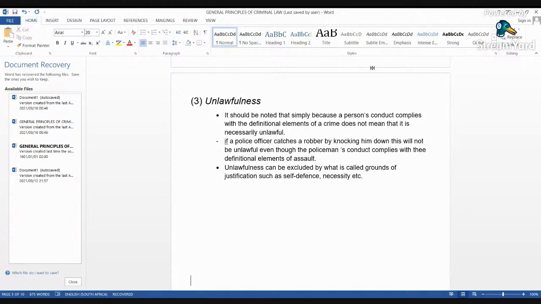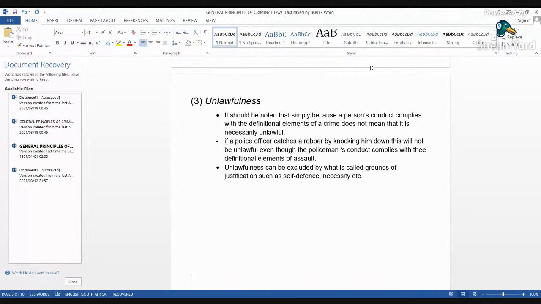that police officer's conduct might comply with the definitional elements of assault. But the thing we're investigating is, was it unlawful for that person to have acted like that?